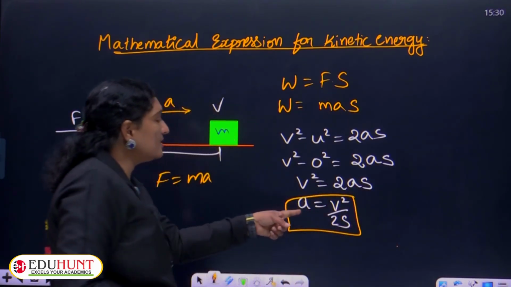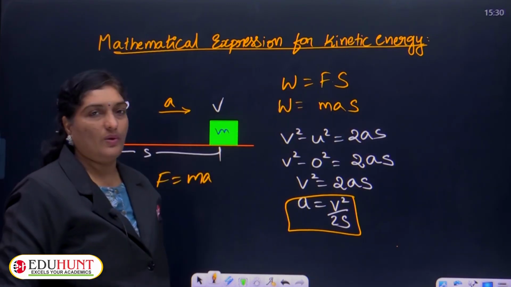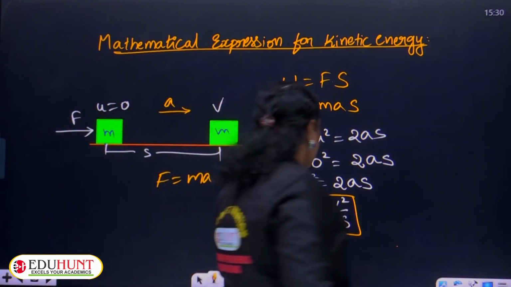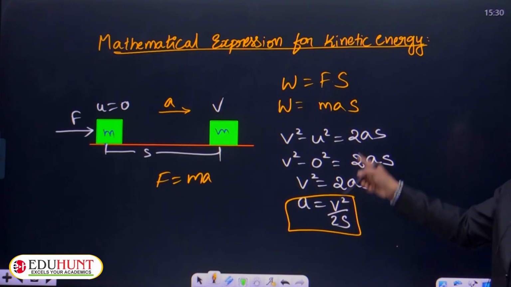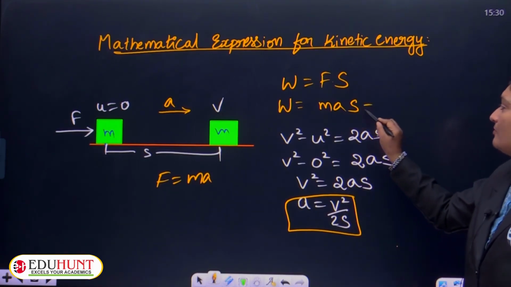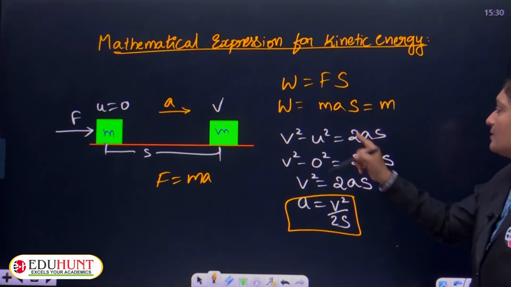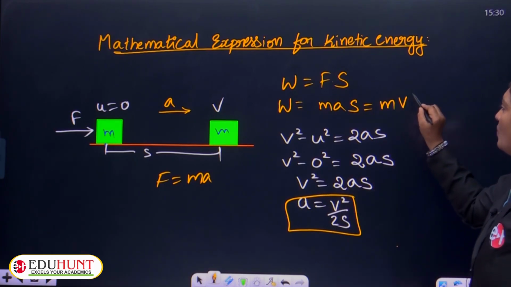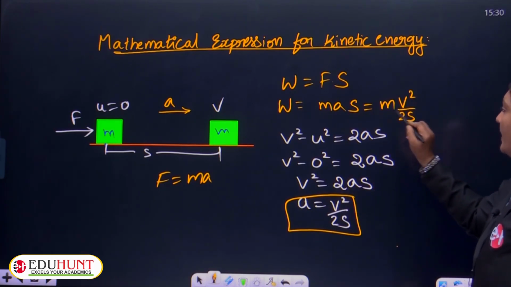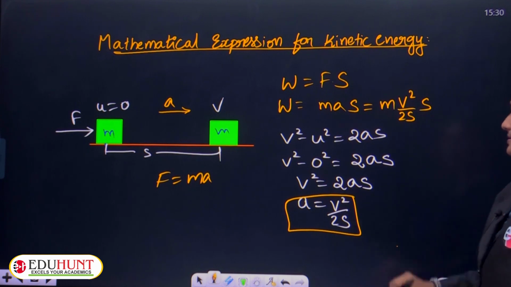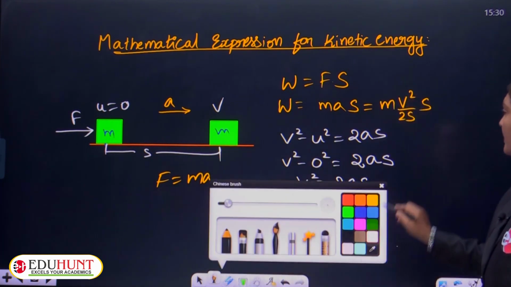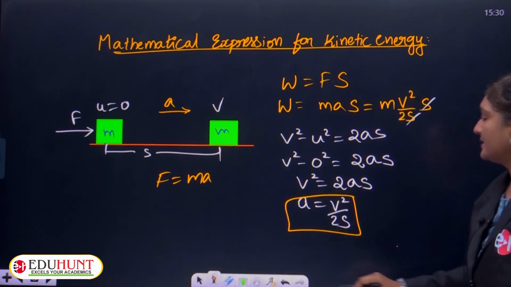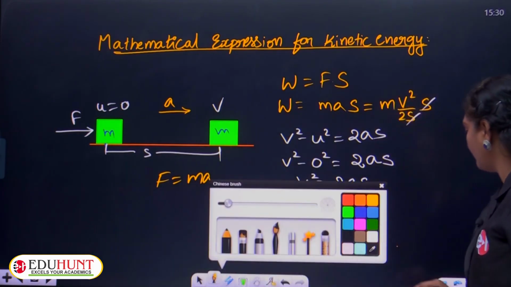Substituting the value of a as v square by 2s in the above equation, we get m times v square by 2s times s. Simplifying further, s and s get cancelled.